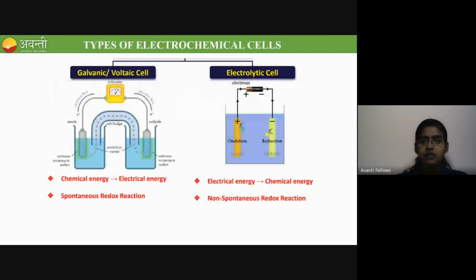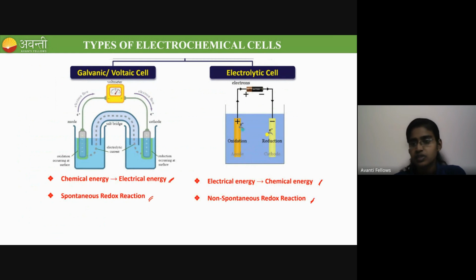We have two types of electrochemical cells: one is the galvanic or voltaic cell, and the other is the electrolytic cell. The galvanic cell converts chemical energy to electrical energy, whereas the electrolytic cell converts electrical energy to chemical energy. Here a continuous redox reaction occurs, and the redox reaction is non-spontaneous in nature.